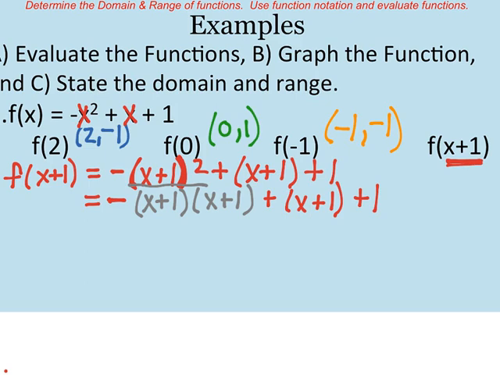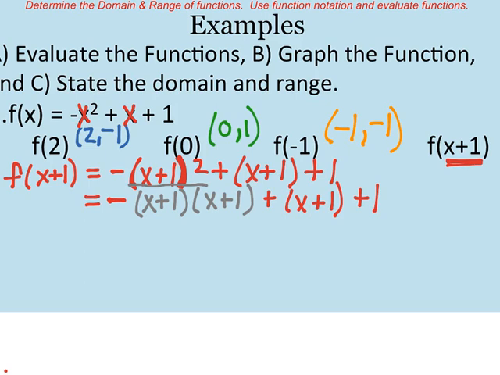To multiply x plus 1 times x plus 1, you are going to have to use the FOIL method, or whatever catchphrase your teacher might have taught you. Whatever that might be, basically you're multiplying every single piece to something. And so that's what we're going to do.